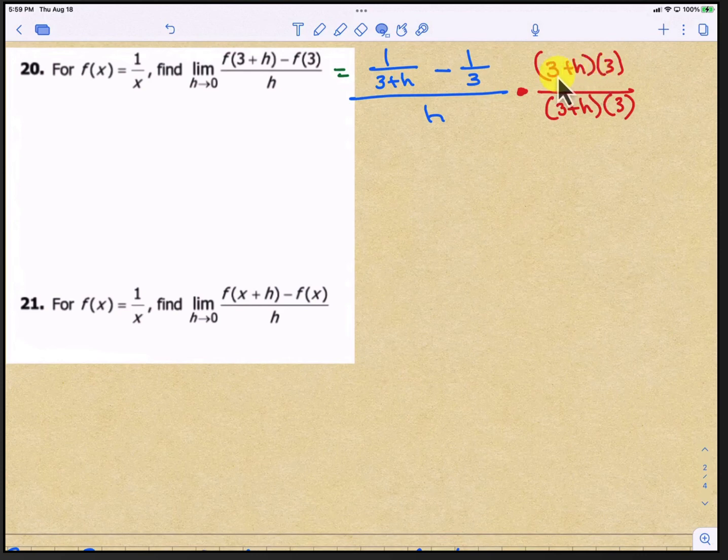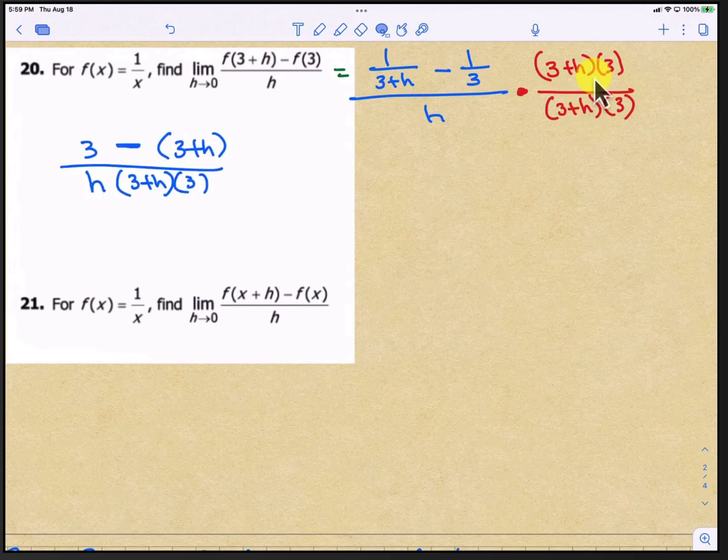So we'll multiply by 3 plus h times 3 on the top and bottom. 3 plus h times 3 multiplied by this first fraction, that's going to cause this 3 plus h to cancel with this 3 plus h. Then you'll have this 1 multiplied by 3 left over. 1 times 3 is this 3 here.